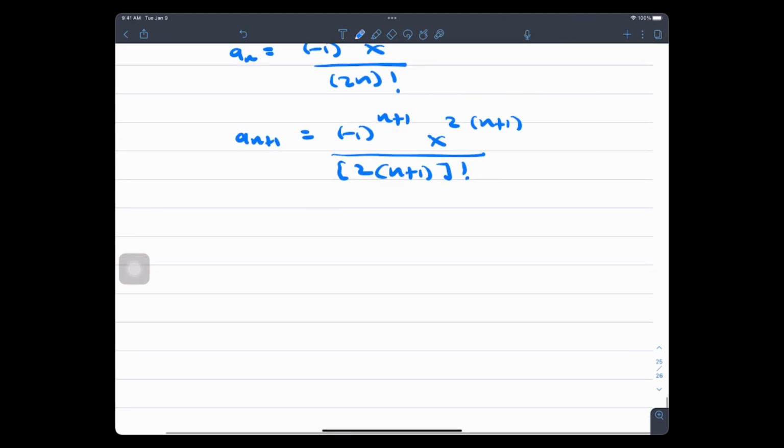Now, I think you probably want to do a little simplification here. In other words, isn't this power going to be 2n plus 2? And this will be 2n plus 2 also.